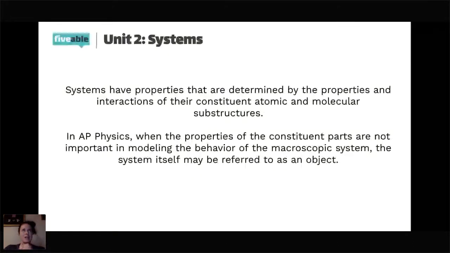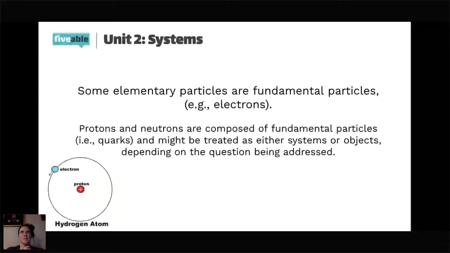So we're going to keep using the proton example. We have our proton, and protons are made of 3 quarks. Instead of looking at how each of those quarks is moving individually to solve a problem that asks about the speed of a proton, we don't care about what the quarks are doing.